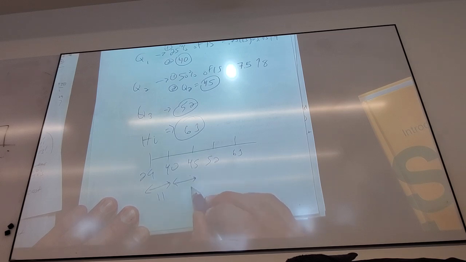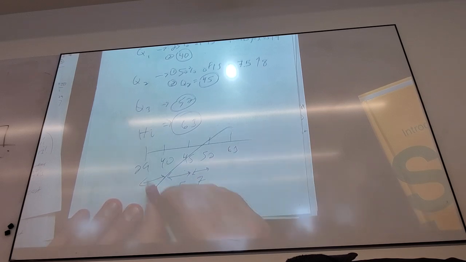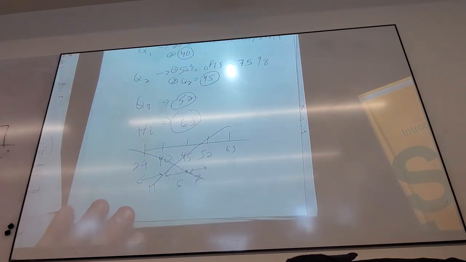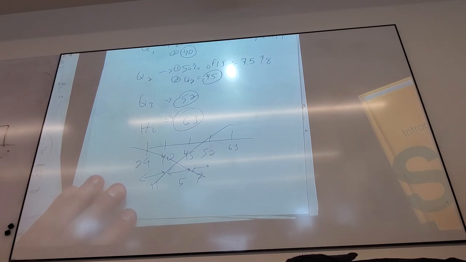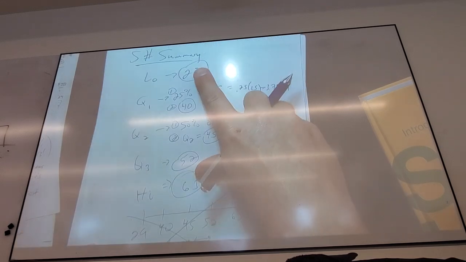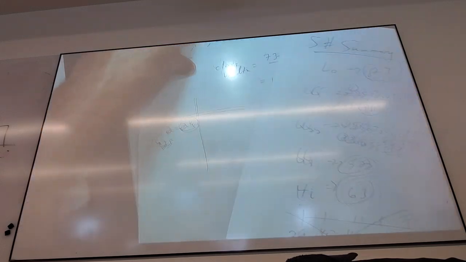Bad, yes? I really love that some of you are looking at that like this. Perfect. That should make no sense. That should be like nails on a chalkboard. The scale has to be consistent to make sense. I have to be able to go from 29 to 63. So what's a decent scale for that?